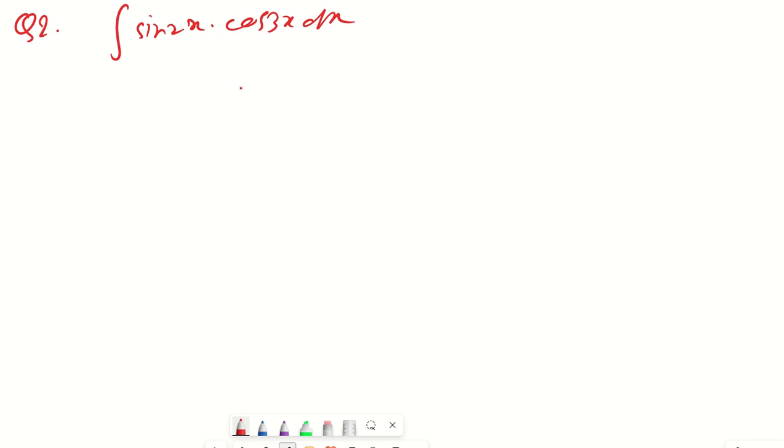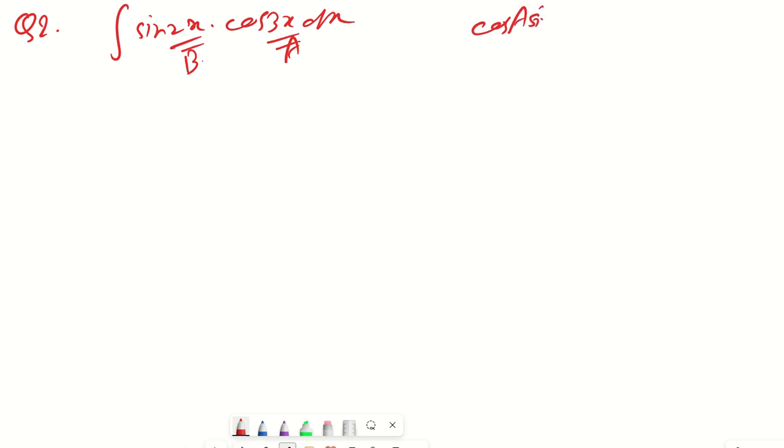This is of the form sin a cos b, or sin x cos y. This 3x is bigger than 2x, so we will consider this as a and this as b, or this as x and this as y. So we can just rearrange it and put it as cos a sin b.